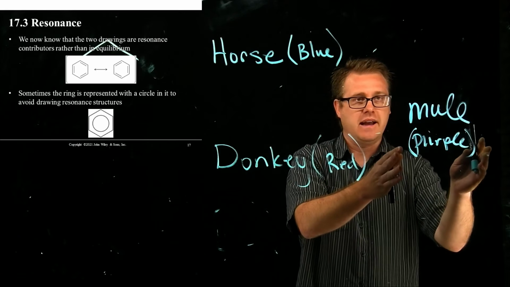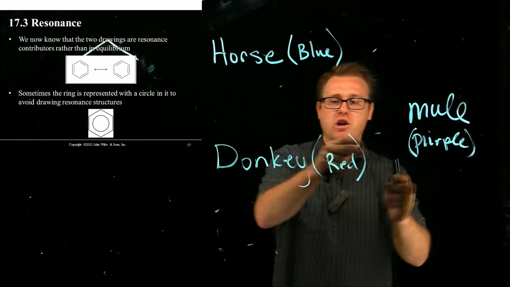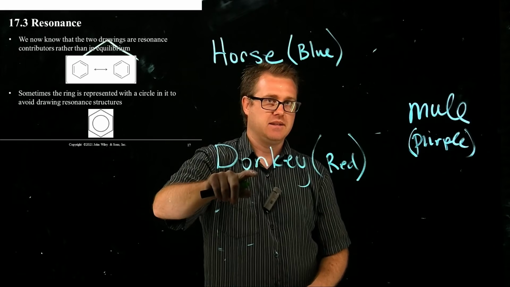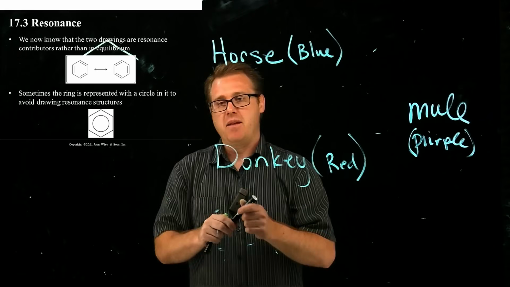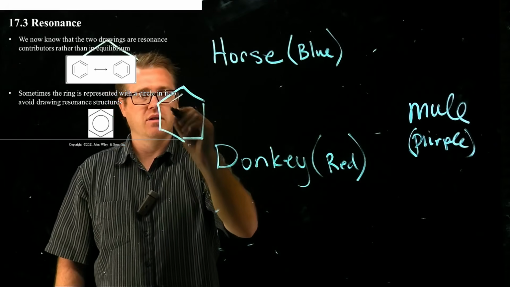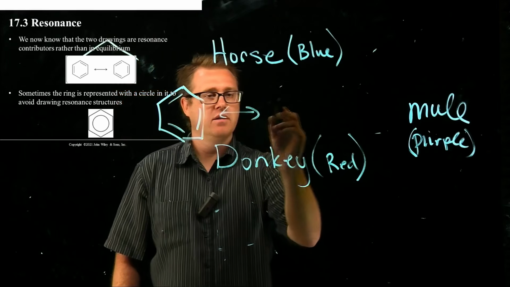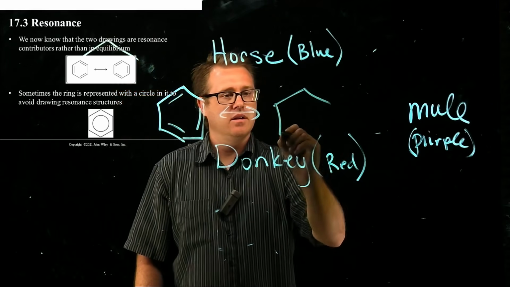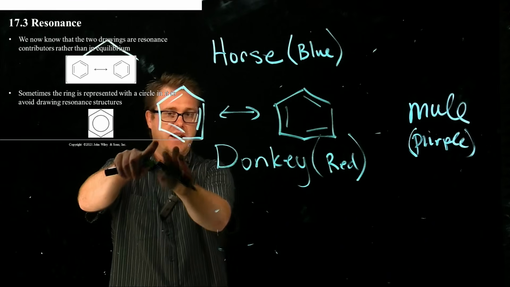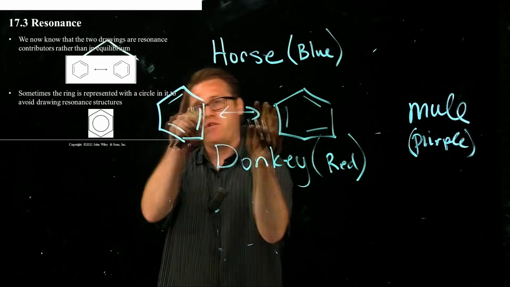And in our little analogy, it's a purple mule. It does not go back and forth between these two species. The same thing with resonance structures. Benzene is not going from this form to this form, back and forth.